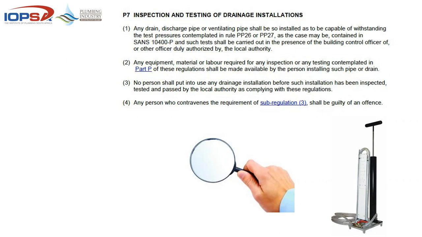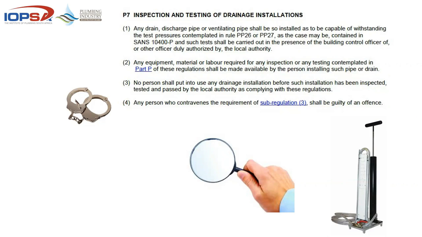So it's important to note that it needs to be inspected, tested, and actually passed by the local authority as complying with these regulations. And once again, any person who contravenes the requirement of sub-regulation 3 shall be guilty of an offence. So herein lies the conundrum as a plumbing contractor.